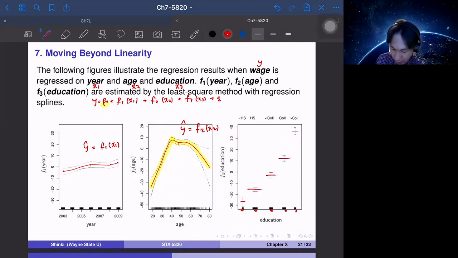These are similar to box plots, right? We have some range and the average. So this is y hat is equal to f3 hat of x3, but x3 is discrete. It can take only 5 values, so the answer is also discrete.